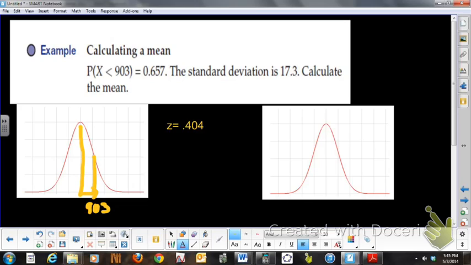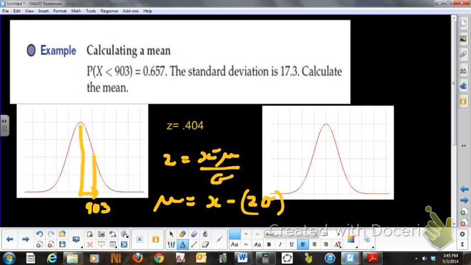And so now we can use our formula. Z is equal to x minus the mean, all over the standard deviation. We can rearrange that to find the mean. So all we do is plug those values in.